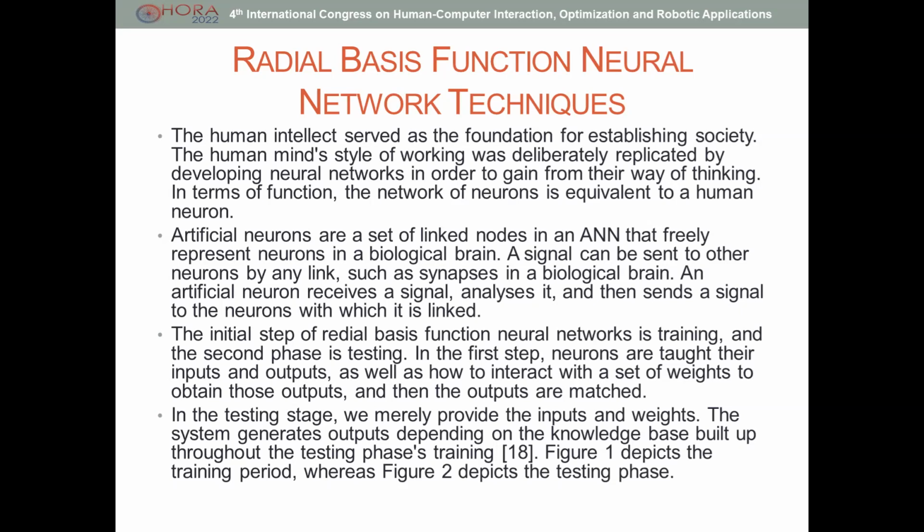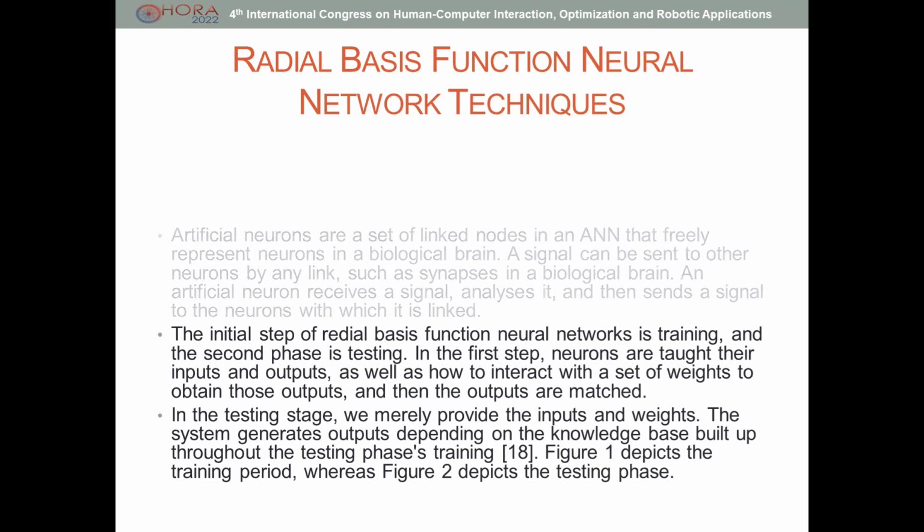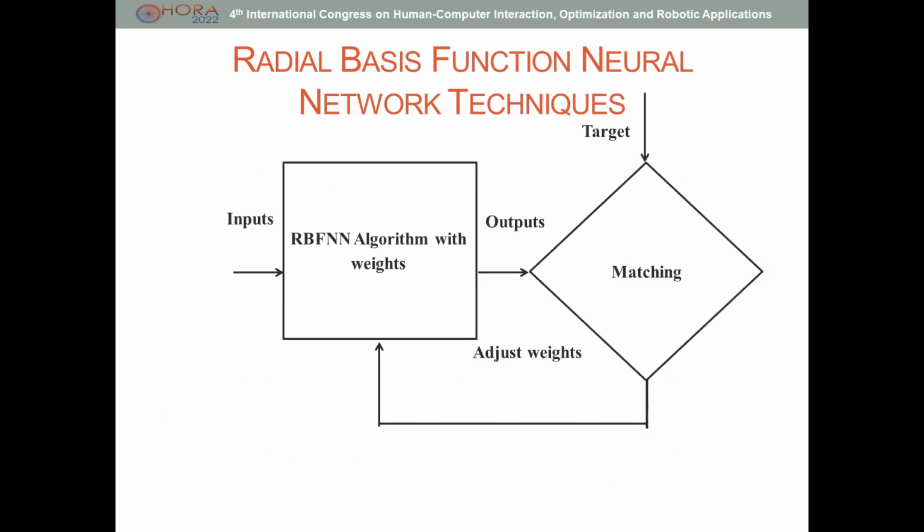In the test, we will give the system only input without output to get output. We have two figures to show testing and training of the neural network. This first one is for training the neural network. You can see the input will come to the RBF neural network with weights. So we will get output.